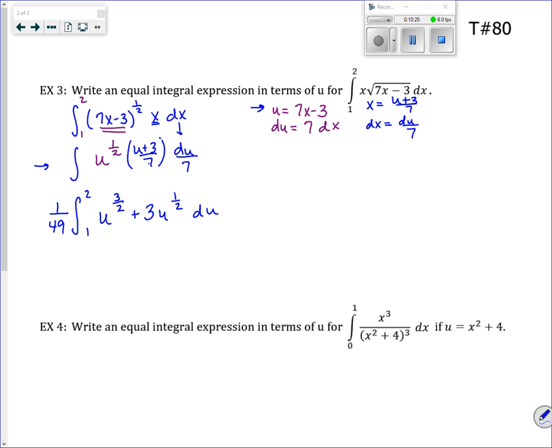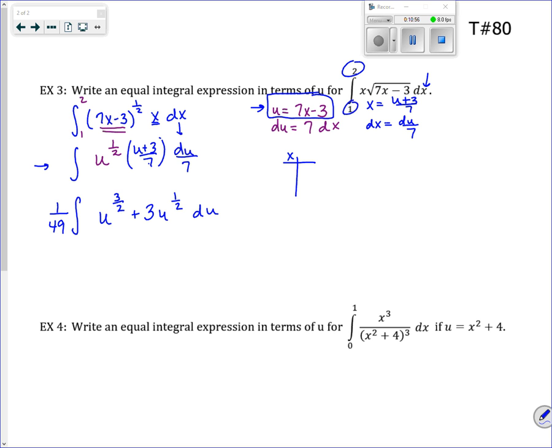Because remember, the 1 and the 2 are when you're integrating with respect to x. If you're doing u's and leaving it, because it says rewrite it in terms of u, that means your bounds have to be u's as well. So what I'm going to do is look right here and do a little t-chart.